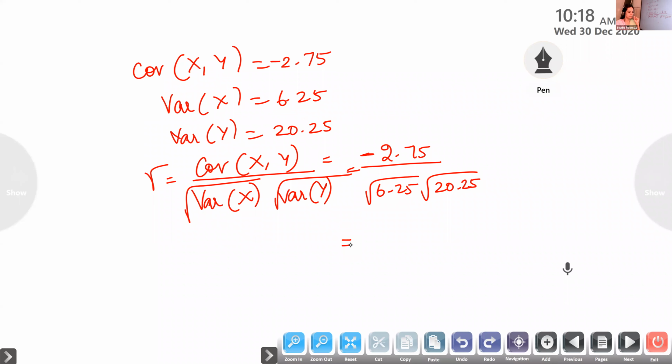So what is the answer? Negative 2.75 by root of 6.25, which is 2.5, isn't it? Into square root of 20.25, which is 4.5.